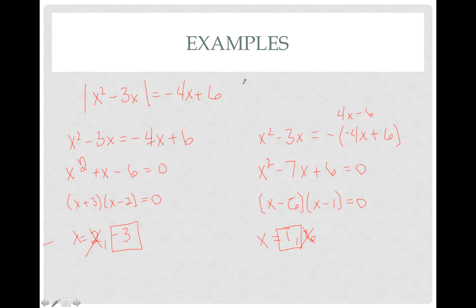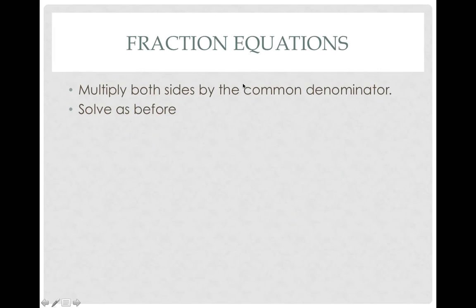Okay, moving forward. Another type, your fraction equations. We've kind of gone over this a little bit before. We must multiply both sides of the equation by the common denominator and solve as before.